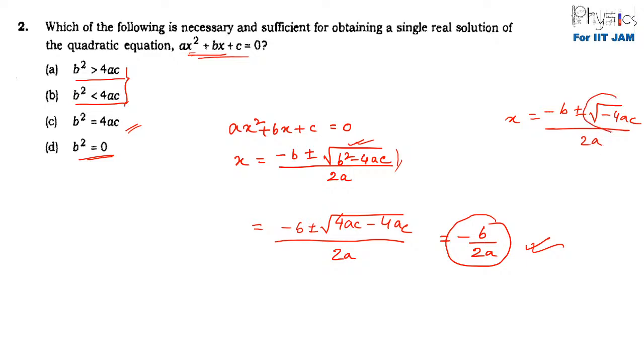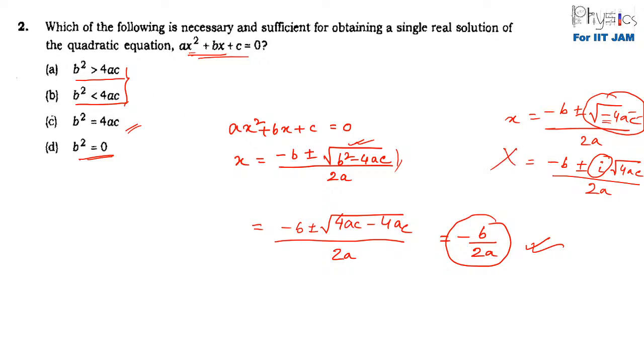Now this root over minus 4ac, okay, if a and c are positive, then this would give us minus b plus minus i root over 4ac, right? So it will not give us any real solution, right? Because i is imaginary. So it is not a real solution.